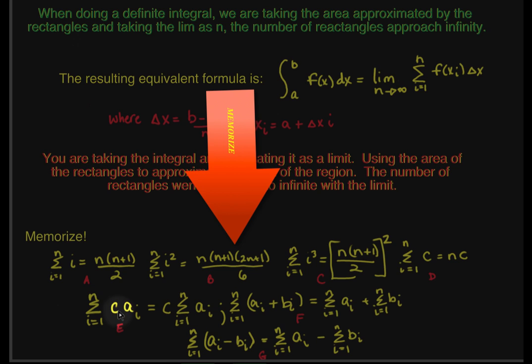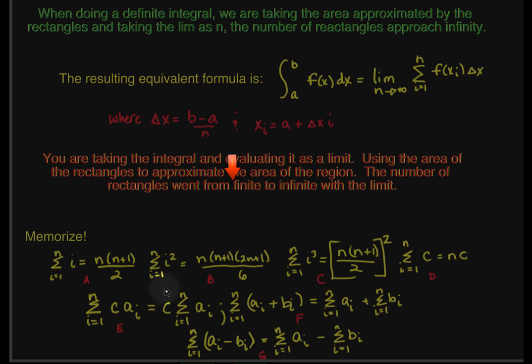If I have a constant times some term with an i in it, you can pull out that constant that has no i's in front of the summation. It could have an n but no i's. If you have 2 i terms being added and they're both summed, you can sum them individually. And if they're subtracted, you can subtract them individually. All right, so with note cards, 5 minutes a day, every other day, you'll have it within 3 or 4 days.